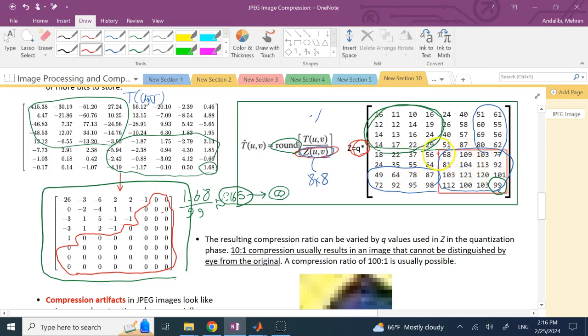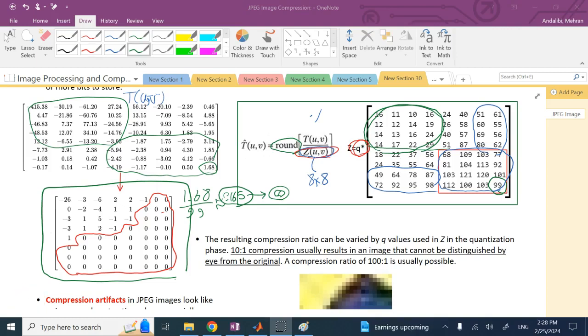And if the quality of the image that you store is a low quality, then you are basically distorting a lot of these small numbers to zero, so you get a lot more zeros. Okay, for a low quality image you get a lot more zeros, you're suppressing a lot more frequencies, and you get a lower quality.